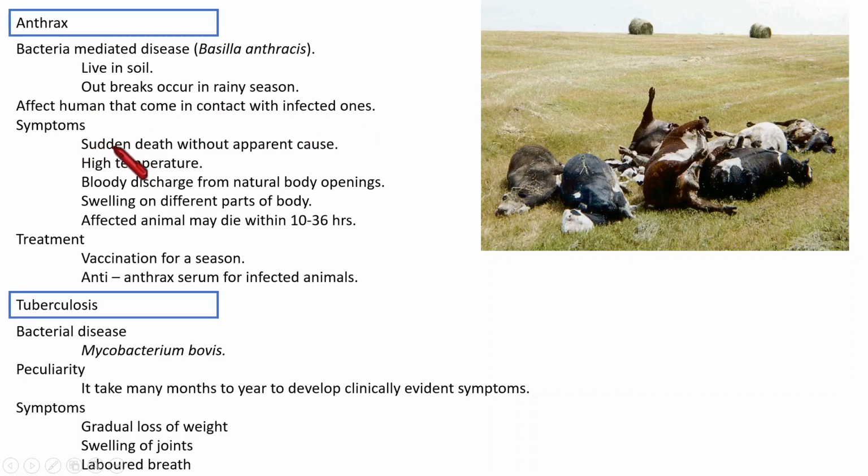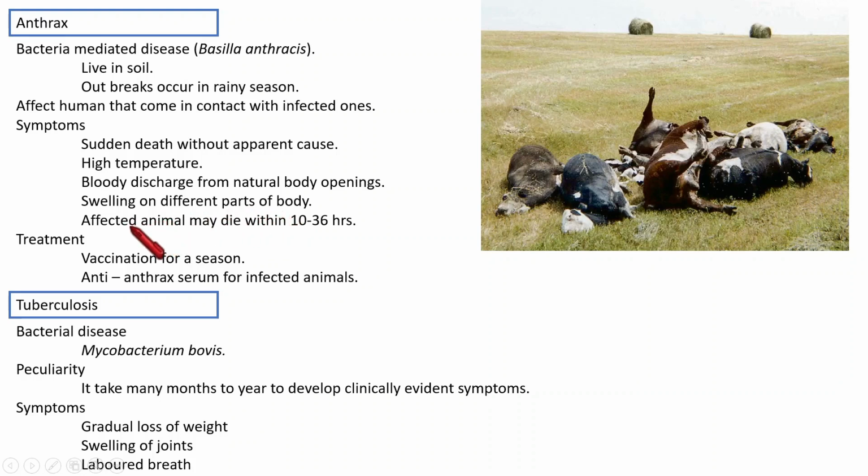What are the symptoms? Sudden death without apparent cause. So that's one symptom. Then high temperature, bloody discharge, not only through the fecal matter but also through all natural body openings, and swellings on different body parts.